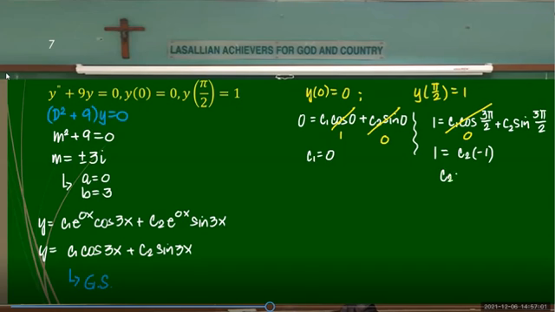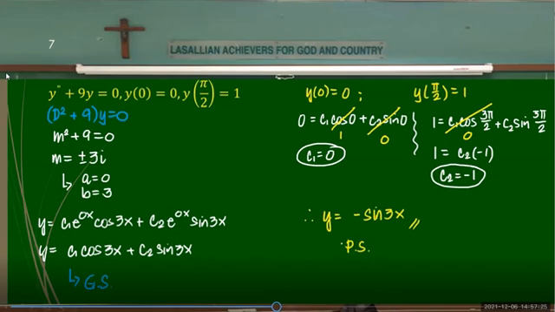So I can say that c2 is negative 1. c1 is 0. So looking back at the general solution, I can safely say that y is equal to negative sine of 3x. So this is your particular solution. I hope there's none. So it's quite easy, this one.